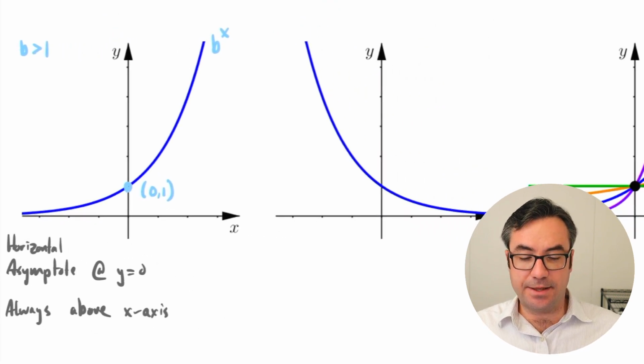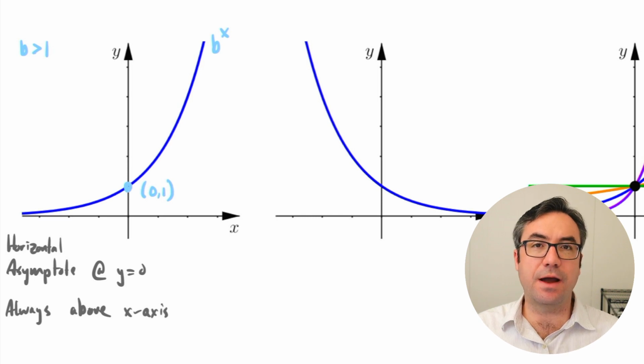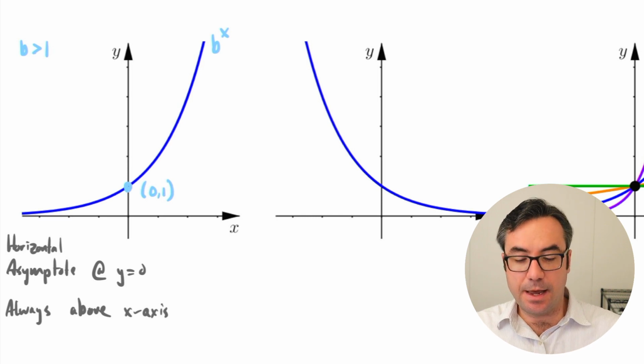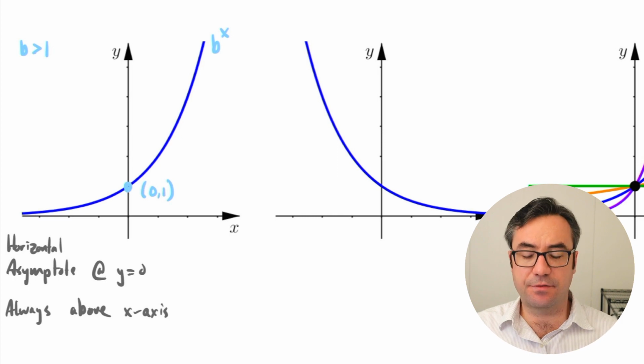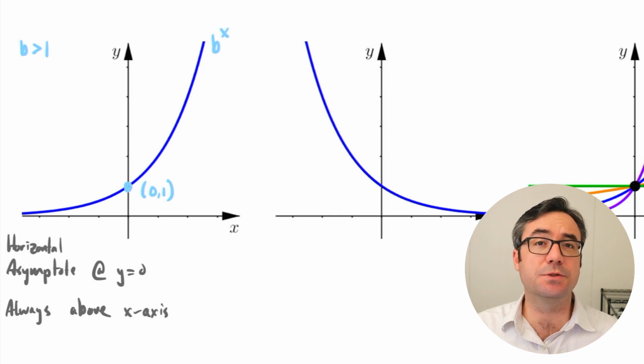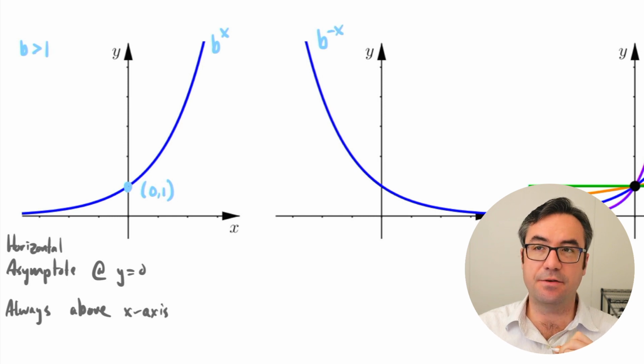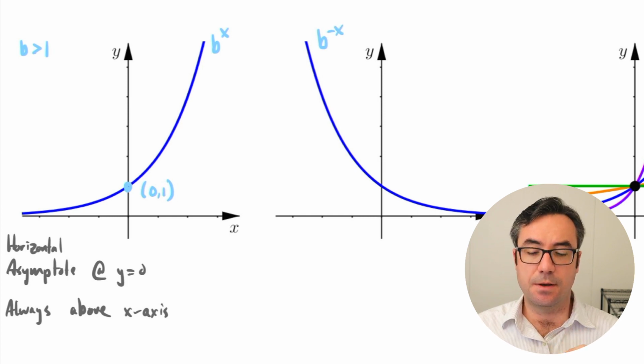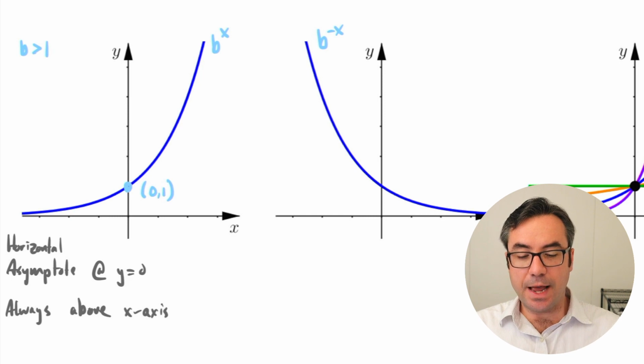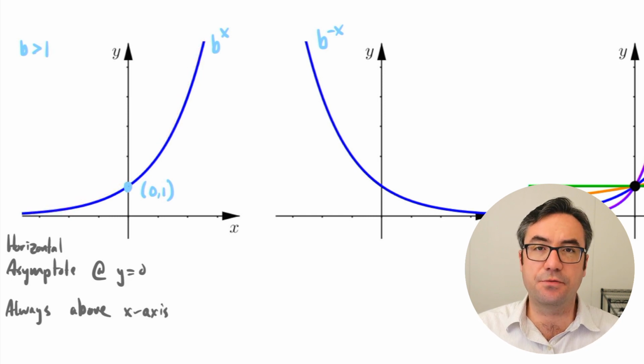Now, related to this, we can have a graph for the mirror image. There's a few ways to think of this, and probably the one we're going to see most commonly is the graph of b raised to the negative x. It's really just the mirror image of the previous graph.